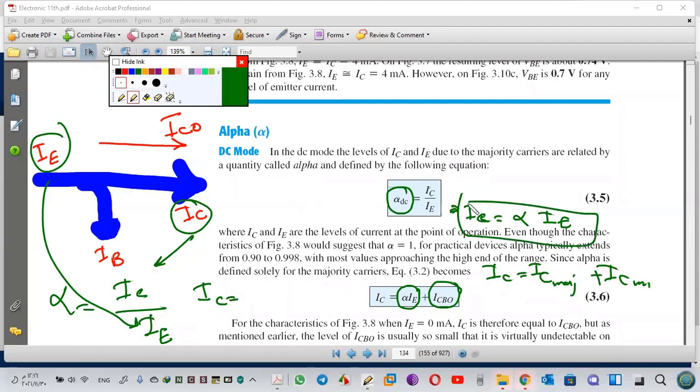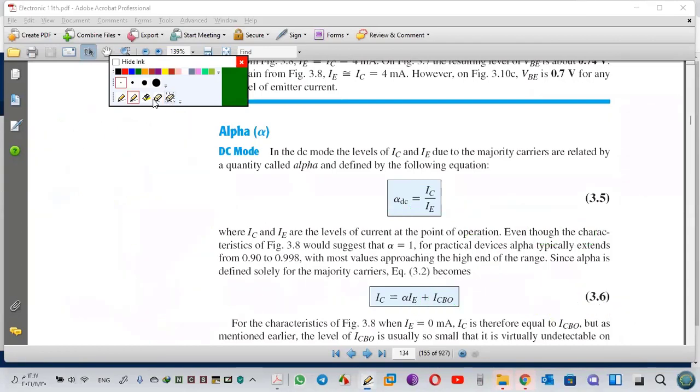IC majority is alpha IE, capital letter, positive I collector common base minority. So this is another formula: IC is alpha IE positive ICB0.